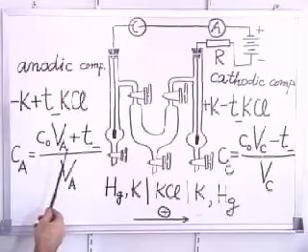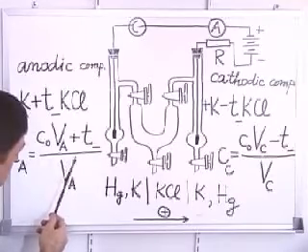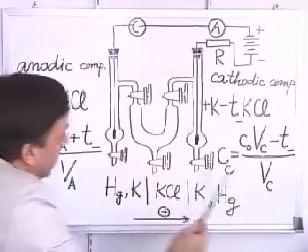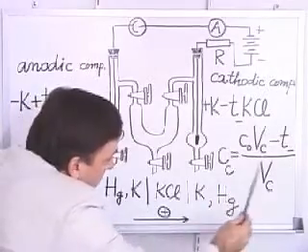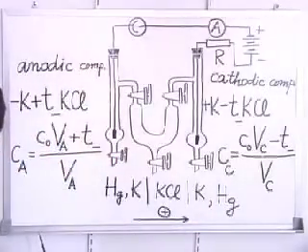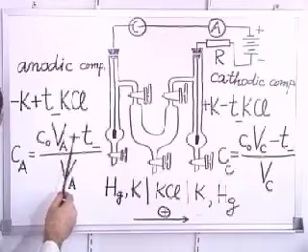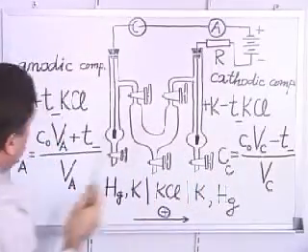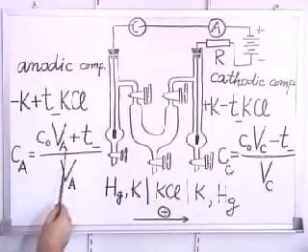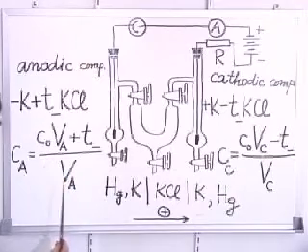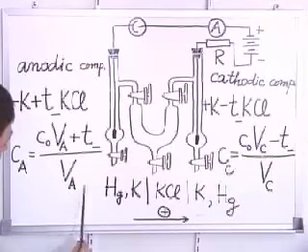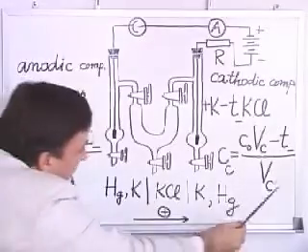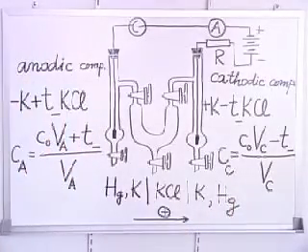these are the expressions for the final concentration of potassium chloride in the anodic, respectively, the cathodic compartment. Indeed, in the numerator we have the increase, respectively the decrease, of the initial number of moles divided by the total volume of the anodic, respectively cathodic compartment.